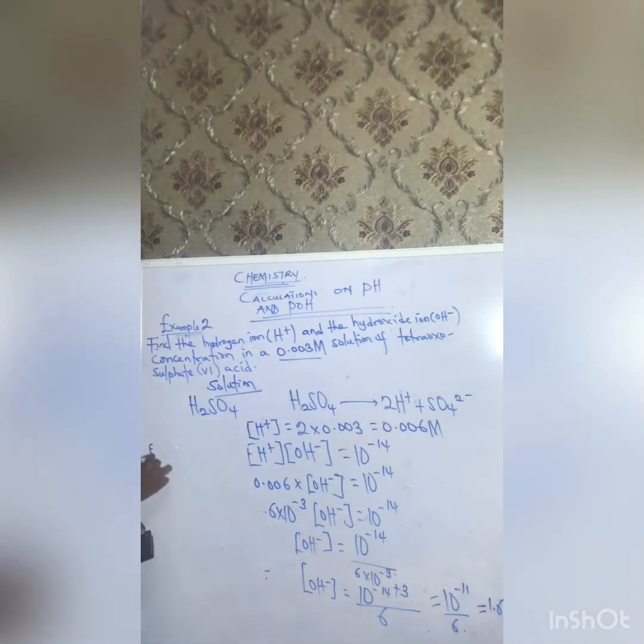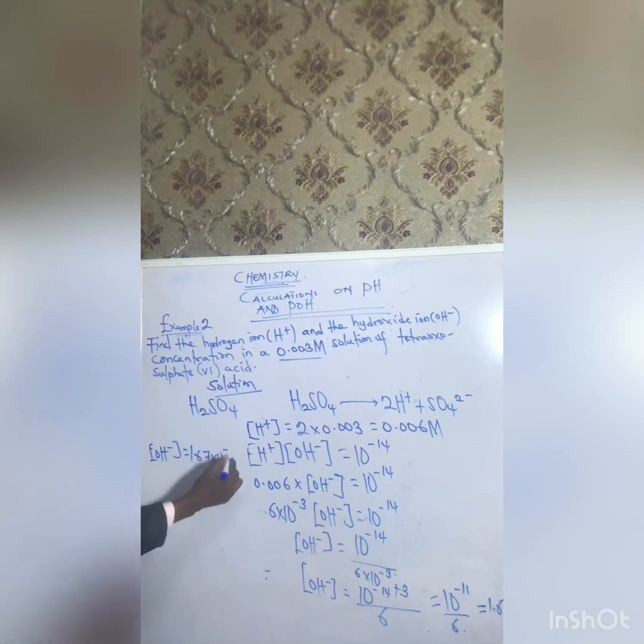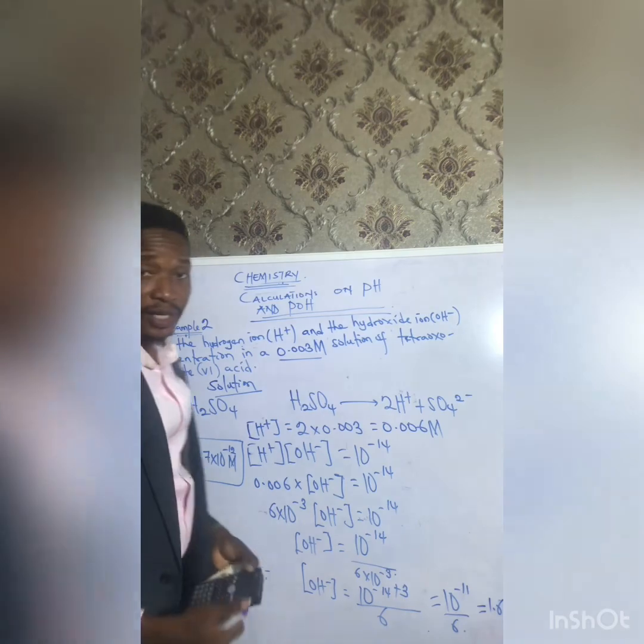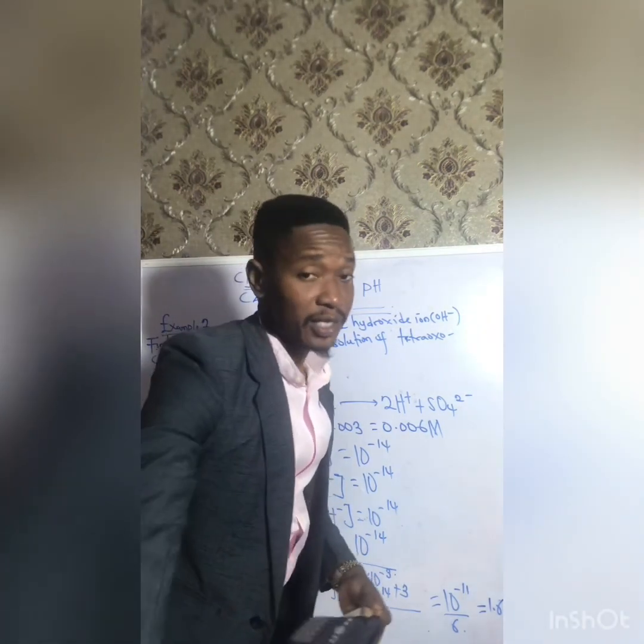The hydroxyl concentration we eventually got is 1.67 times 10 raised to the power minus 12 molar. So please pay close attention to that. That is how to deal with such questions. By so doing, we've been able to use the second formula again. Let's move to another one.